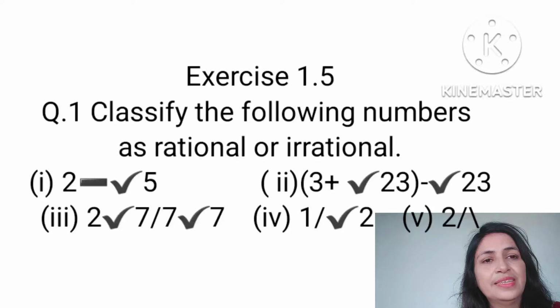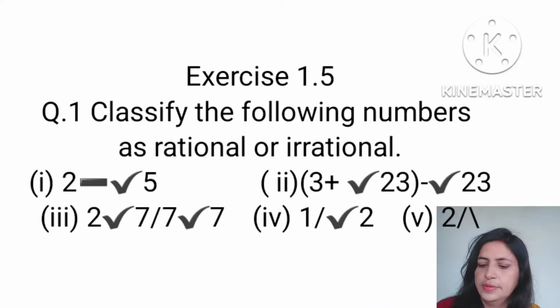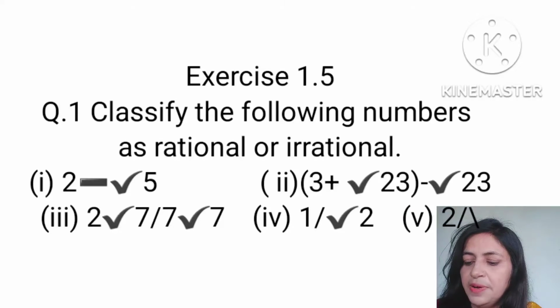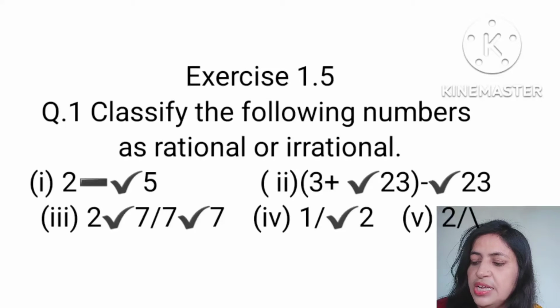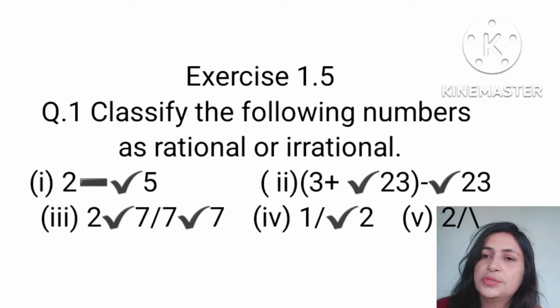Now I am going to discuss some problems of the NCERT book exercise 1.5. Question number 1. Classify the following numbers as rational or irrational. First, 2 minus root 5.